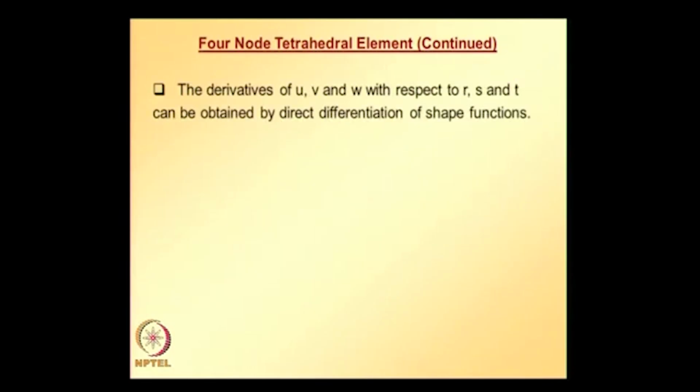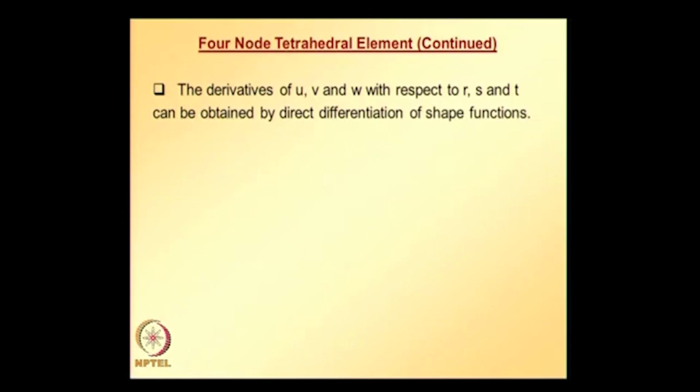So, the derivatives of u, v, w with respect to r, s, t can be obtained by direct differentiation of shape functions. Please note that N1 is equal to r, N2 is equal to s, N3 is equal to t, N4 is equal to 1 minus r minus s minus t. So, we can easily calculate the derivative of N1, N2, N3, N4 with respect to r, s, t.